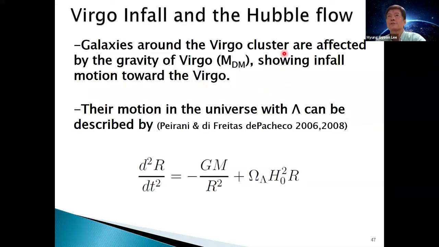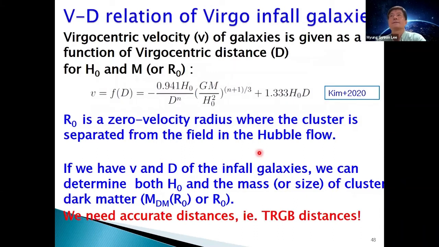Galaxies around the Virgo cluster are affected by the gravity of Virgo, showing infall motion toward Virgo. So their motion in the universe, the lambda, can be described by these terms: gravity and the Hubble flow. Then the Virgo-centric velocity of galaxies is given as a function of Virgo-centric distance, given H0 and the mass of Virgo, or size of the cluster.